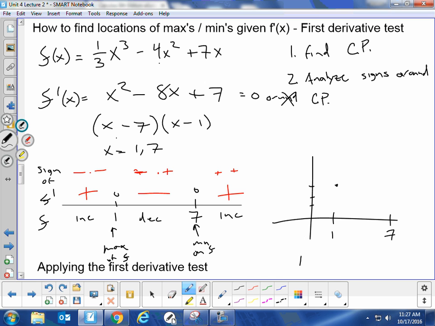And you know that, hey, I'm going to go up to 1, 3 1/3. And then I'm going to go down to some value at 7, positive or negative, I'm not sure what it is. But there is a max, and there's a min, and I know the locations of it, okay? Your book will always find the locations of the maxes and mins. I don't care so much. I just care about this here, and that this is a max and this is a min, okay?